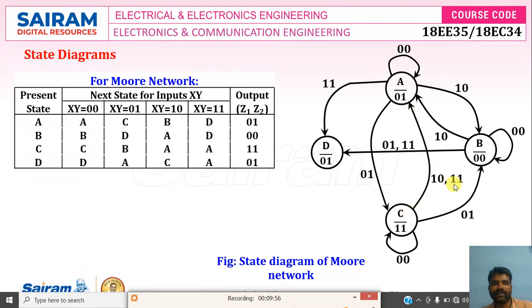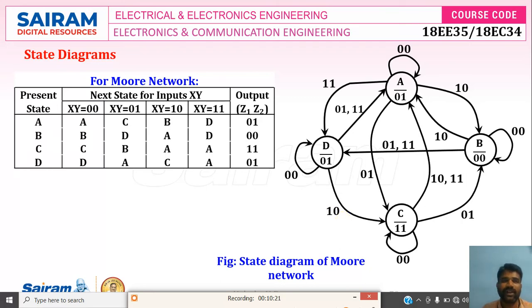And similarly, for present state D, D to D when 0 0, D to A when 0 1 and 1 1, correct? And D to C when 1 0. So this is the state diagram for the Moore network.